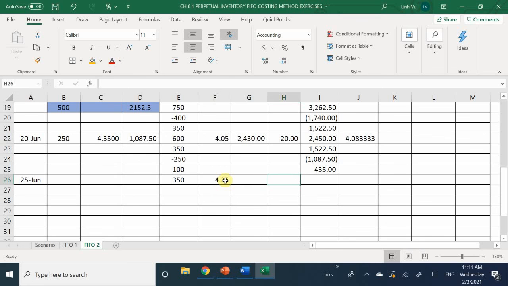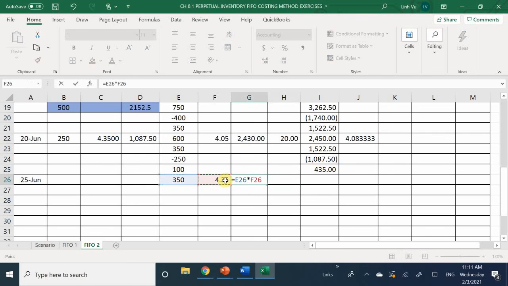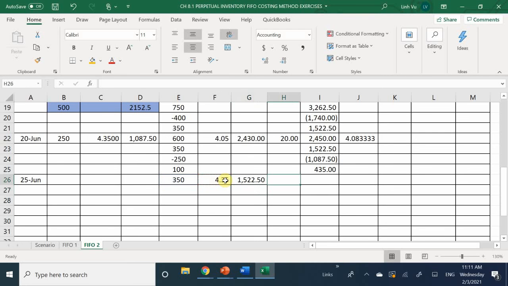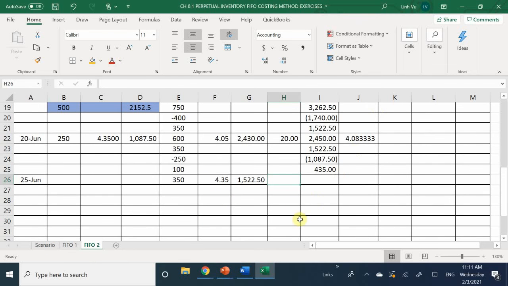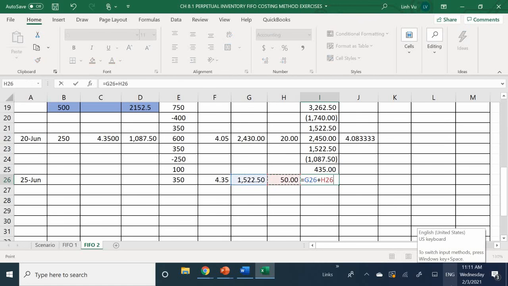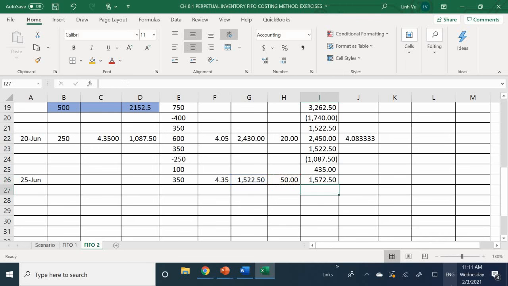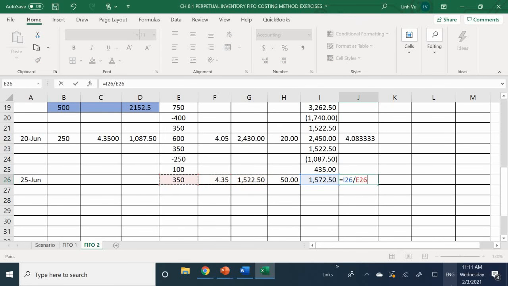And what's my total purchase going to be here? $1,522.50. Okay, and my total freight was 50. Thank you. 50. Bringing my grand total to be $1,572.50. And again, my cost per item is going to reflect.